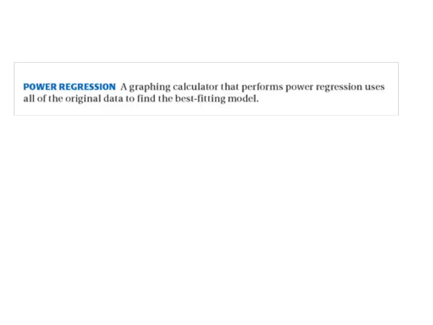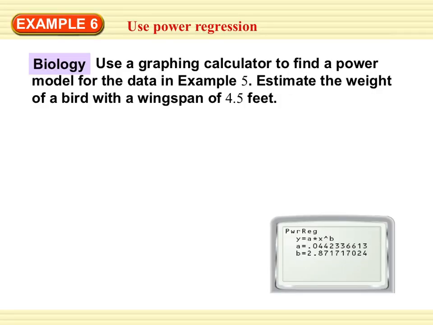Power regression. Okay, now we're going to find out how to do it with a calculator. Graphing calculator. Glorious. Use a graphing calculator to find a power model for the data in example 5. So in list 3 and list 4, we have our log data.